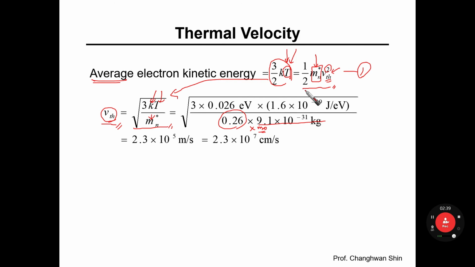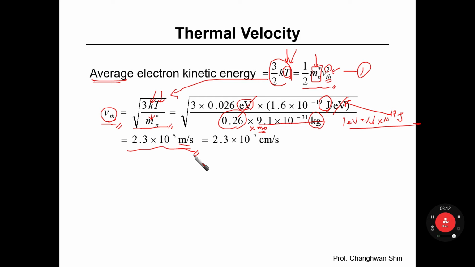And kT is thermal energy, 0.026 electron volt. One electron volt equals 1.6 times 10 to the minus 19 joule, so this term cancels out the electron volt to give an energy unit in joule. Joule divided by kilogram is identical to meter squared per second squared. Then we end up with this number.